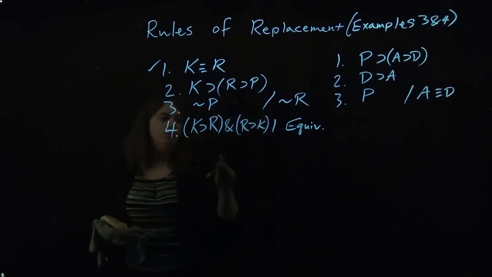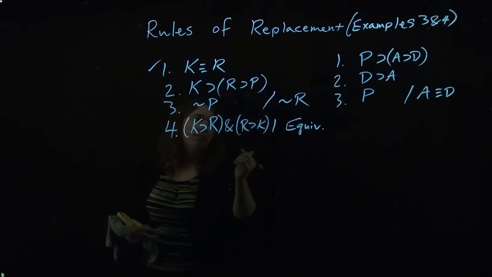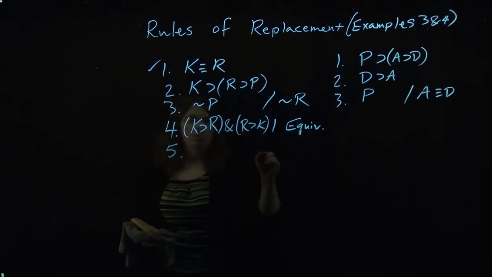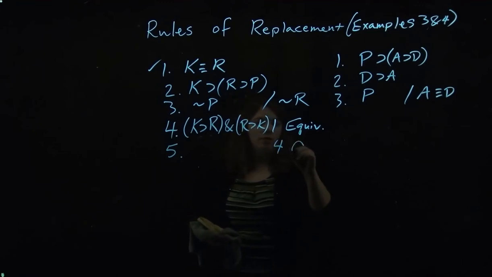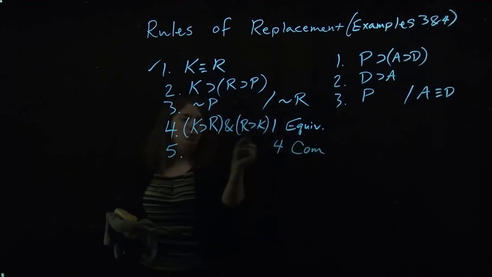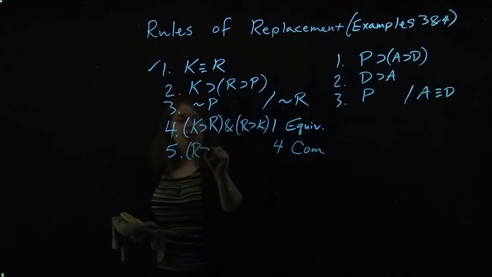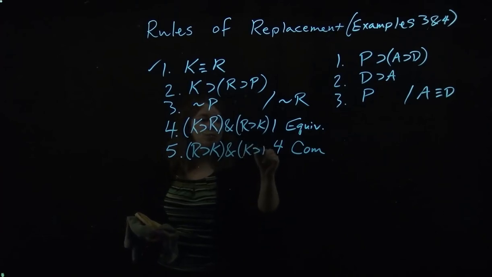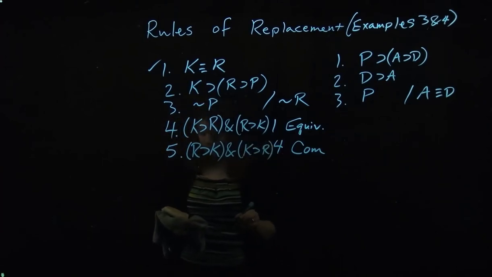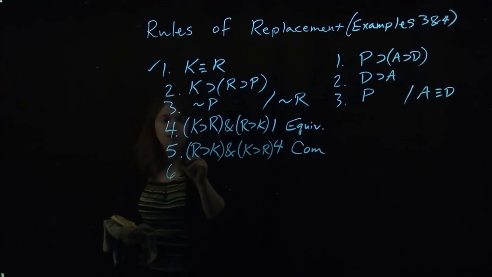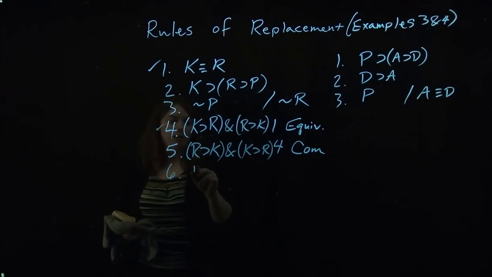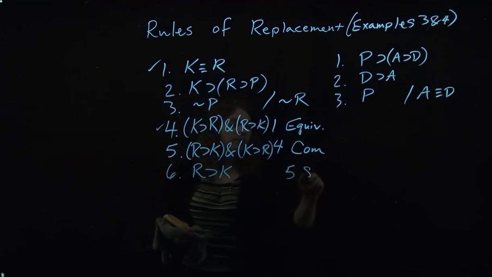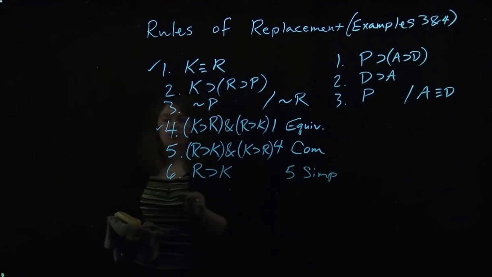Now, in order to do simplification, we can't just simplify out that second conjunct. We have to switch it around using the rule of commutativity. So on line 4, using com, we'll switch these, so we get R horseshoe K and K horseshoe R. Now we can simplify out R horseshoe K using line 5 and the rule of simplification.